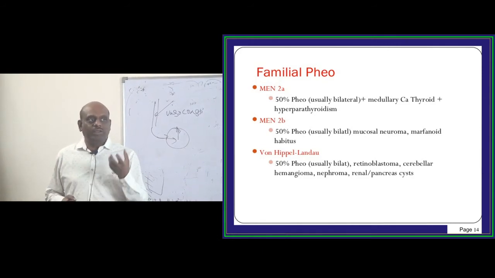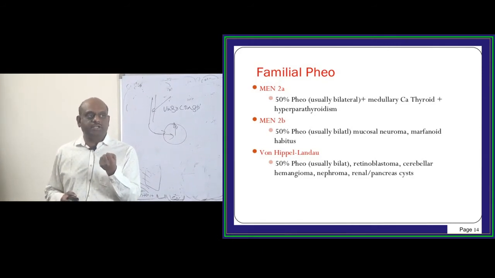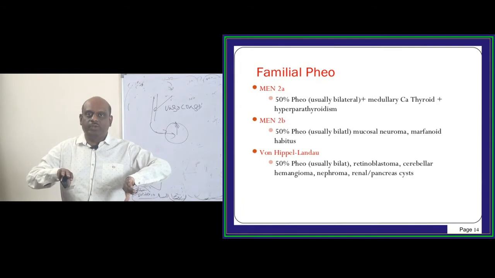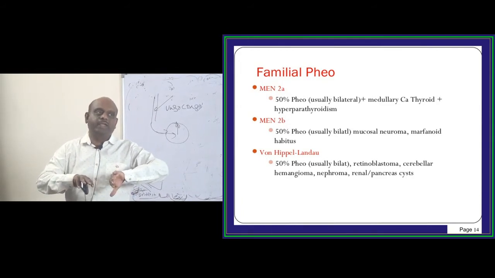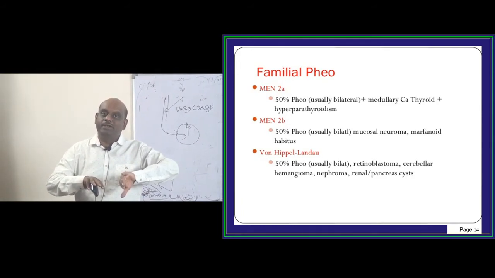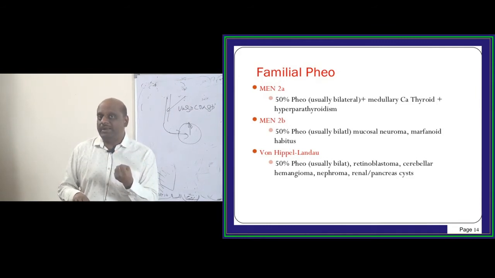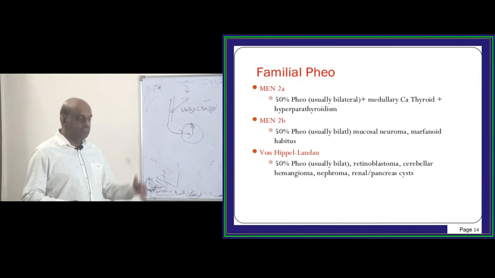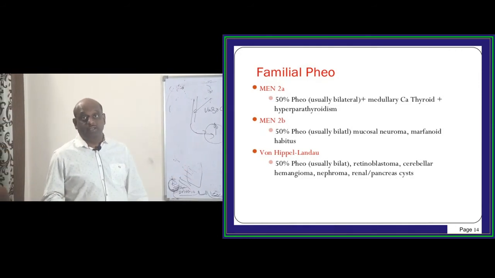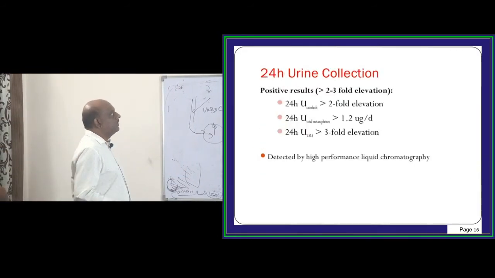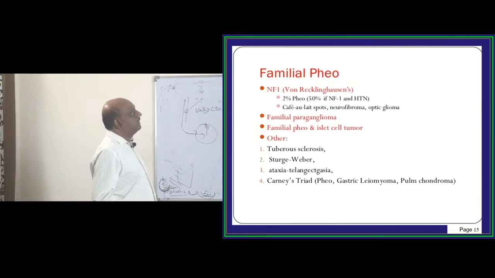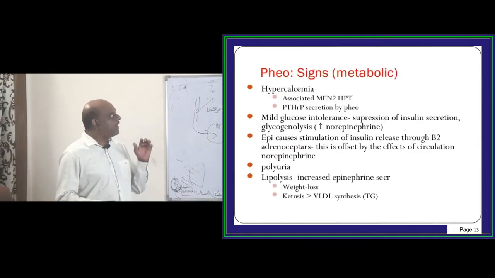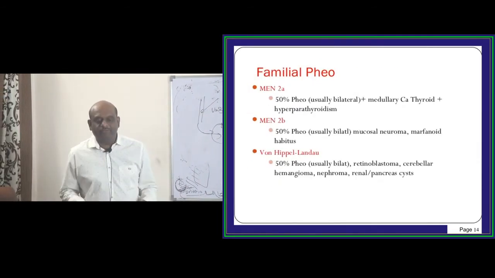Because once there is an intense vasoconstriction, there is a shift of the fluid and that leads to development of decreased ECF volume contraction, which leads to development of the postural hypotension.